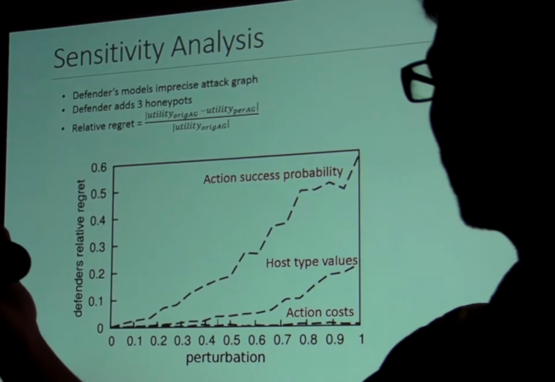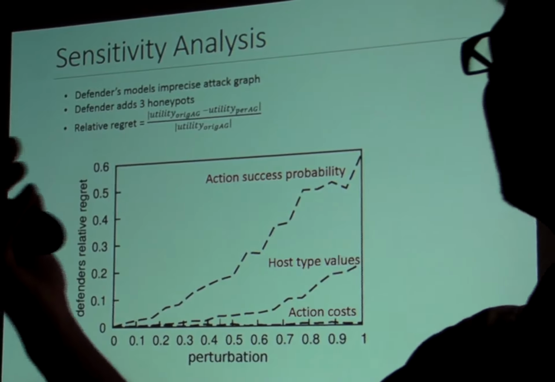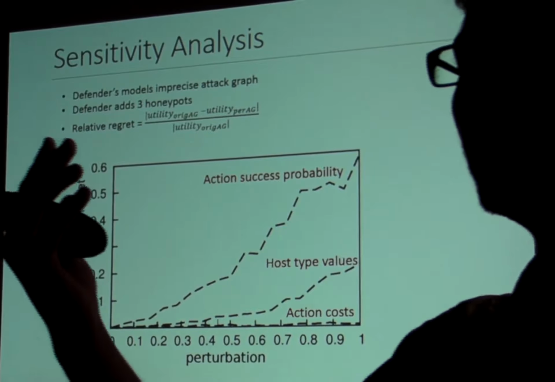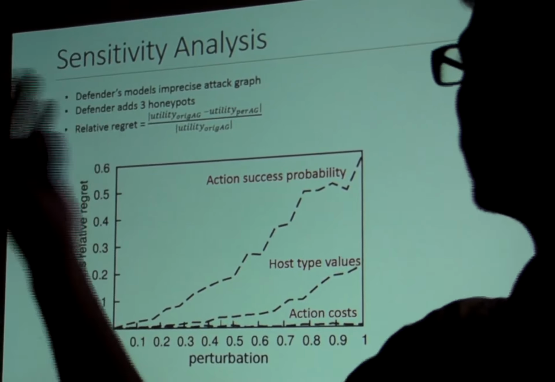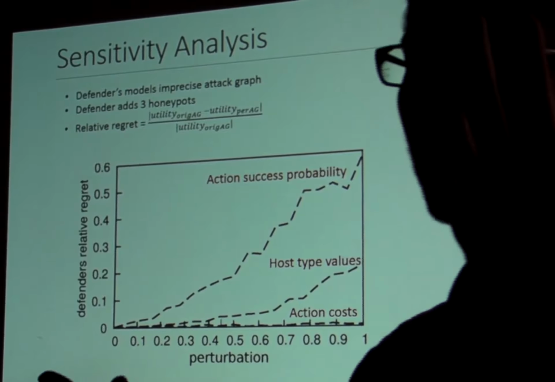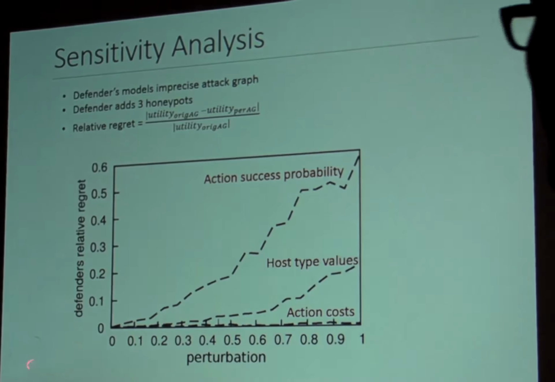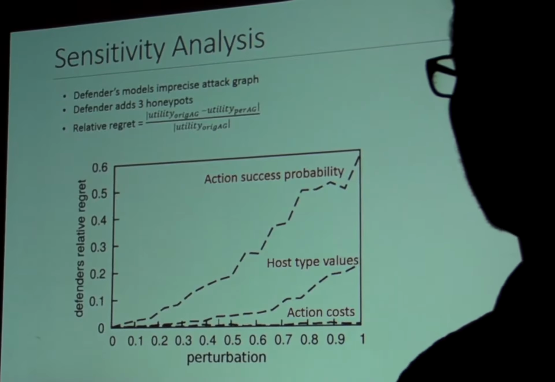And the defender computed his best strategy according to this attack graph, and we computed what his regret is, how much worse off he actually was by not knowing the correct attack graph, but computing according to this estimation of the attack graph. And so this was how much we perturbed the values in this estimated attack graph.